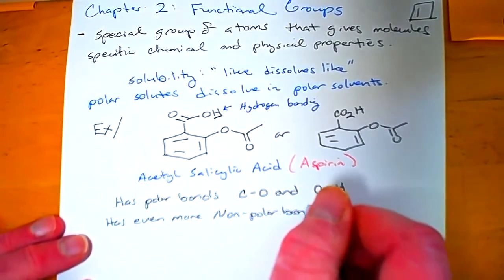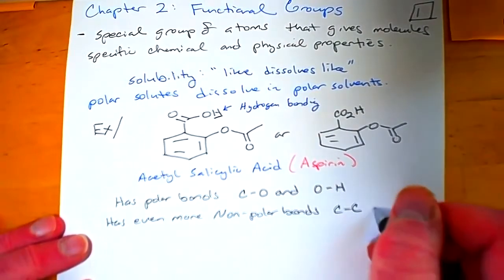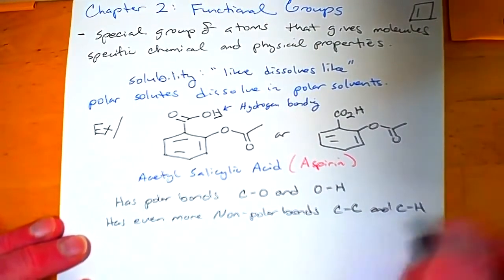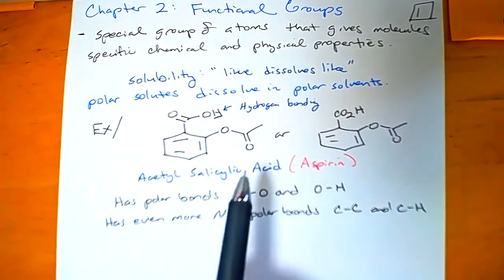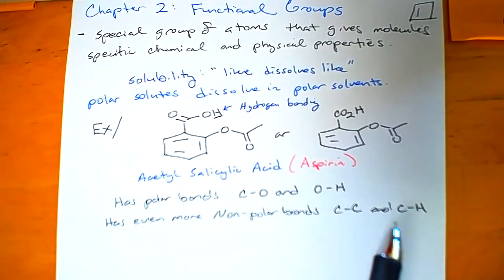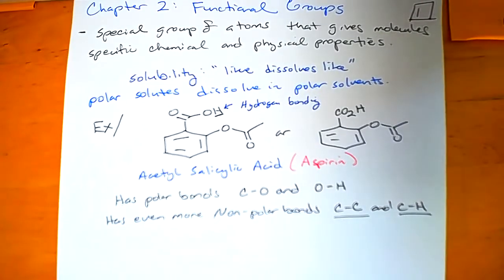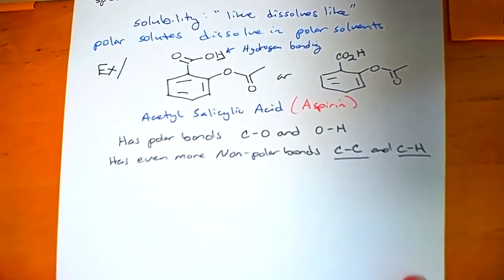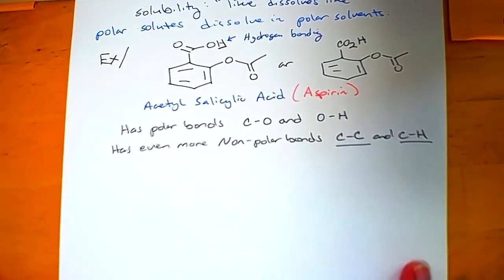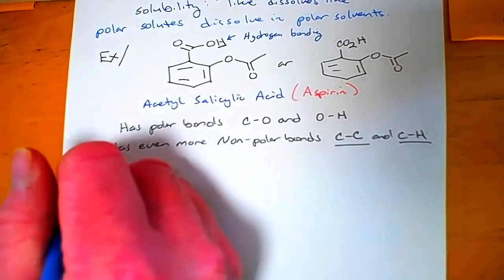If you look at this, there are far more carbon-to-carbon and carbon-to-hydrogen bonds in this molecule than there are carbon-to-oxygen or oxygen-to-hydrogen bonds. And so those weigh out in terms of what the molecule generally prefers to be dissolved in.